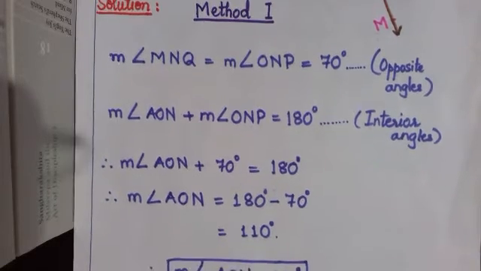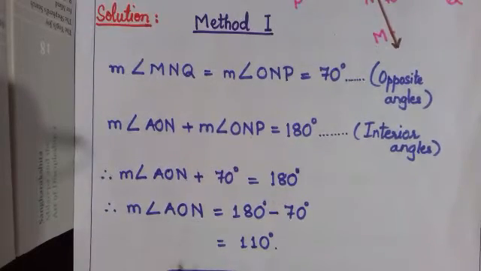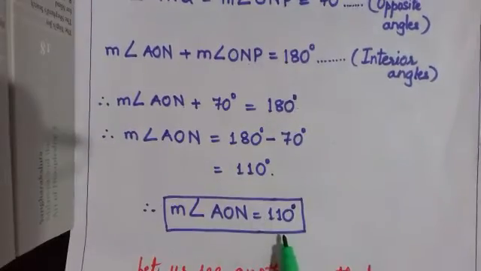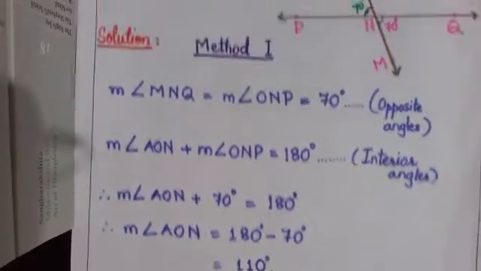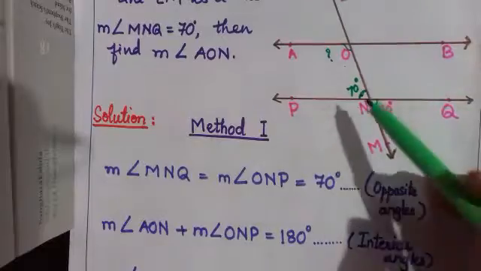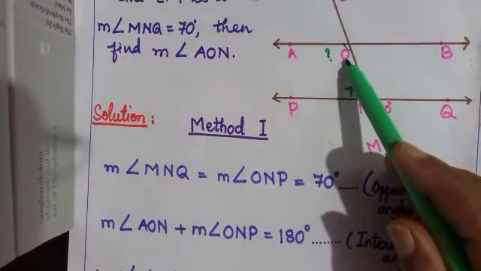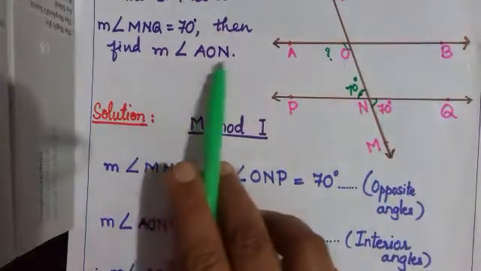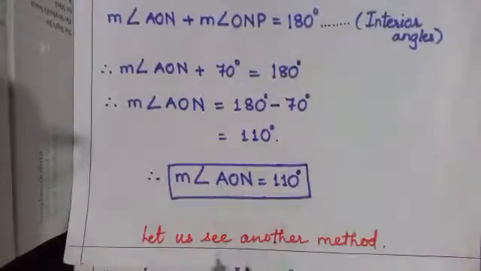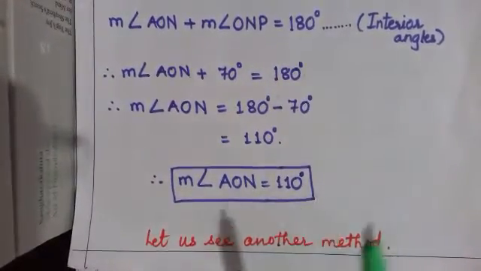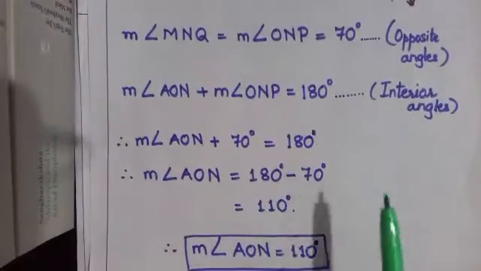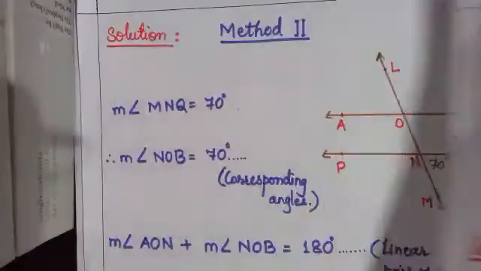Therefore angle AON is equal to 110. So whatever is asked in our figure, angle AON, we got angle AON is 110 degrees. The same question can be solved with the second method.